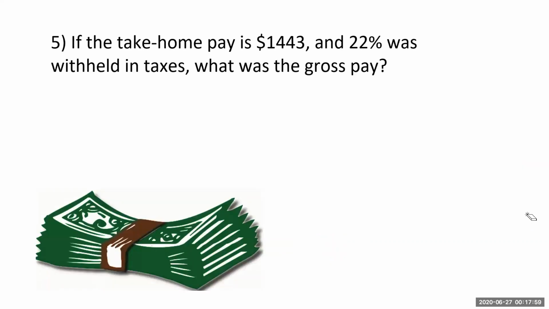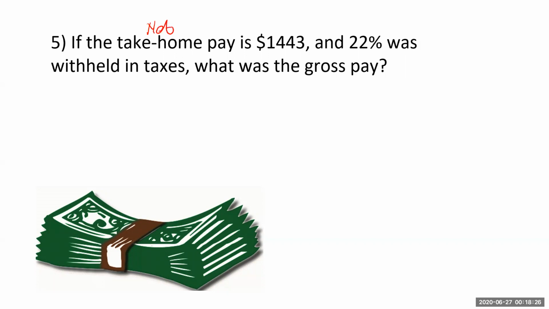Now, if the take-home pay is $1,443 and 22% was withheld in taxes, what is your gross pay? So your gross is how much you're supposed to get before taxes are applied. And your take home is usually referred to as the net.